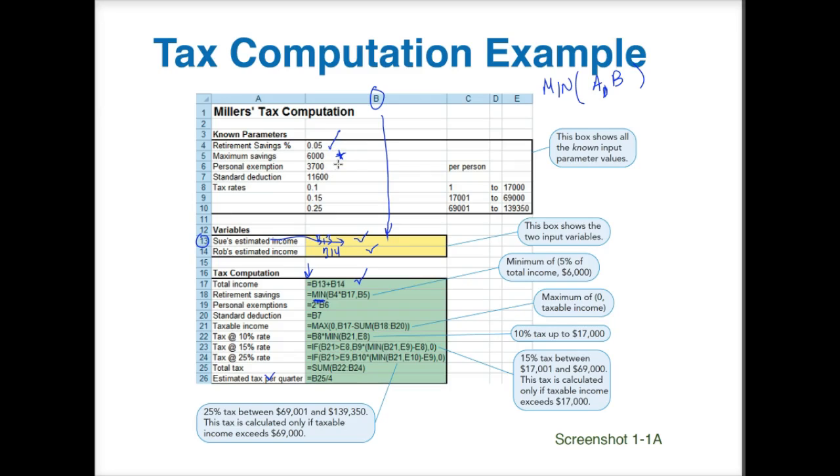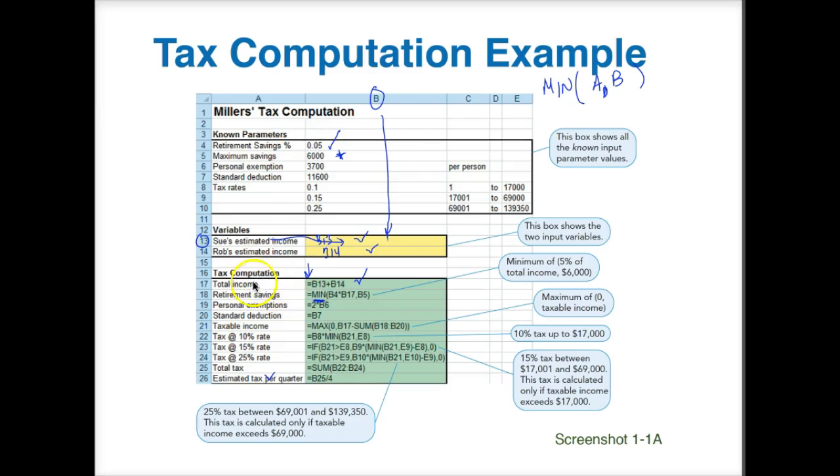So for instance, if Sue and Rob together, let's say make $100,000, okay? So if they make that, then 5% of $100,000 is going to be $5,000, okay? So that would work. So in that instance, if Sue and Rob both made $100,000 a year, then of course they will be contributing $5,000 into their retirement savings account.